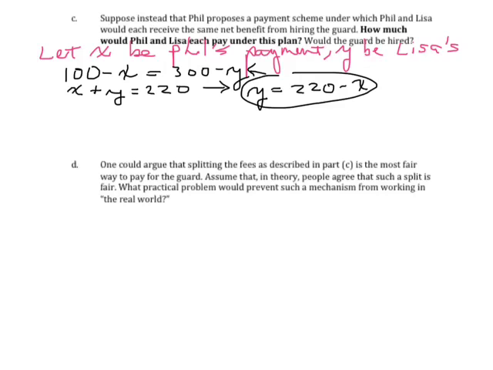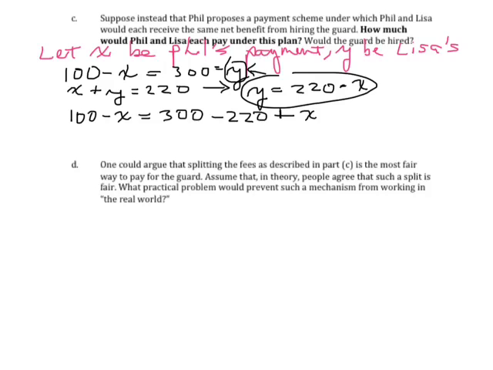So let's do that. 100 minus x is equal to 300 minus 220 plus x, because remember we were subtracting y, but then I've got a minus of a minus, that turns into a positive.